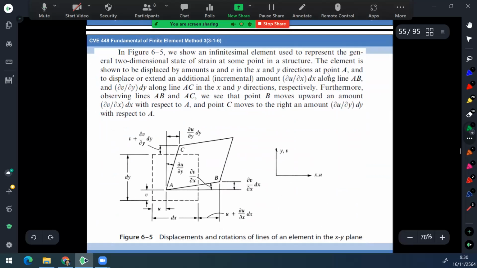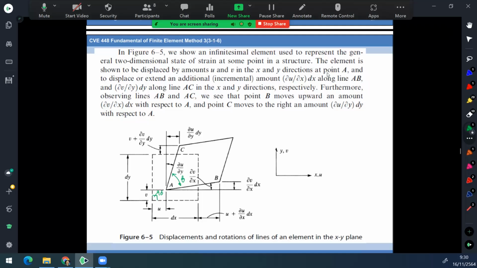Okay, for the strain, the axial strain, I think you are familiar with that. But for the shear strain, as we mentioned before, shear strain is defined by the change in angle. The starting angle is maybe 90 degrees like this, and the final angle is maybe theta.